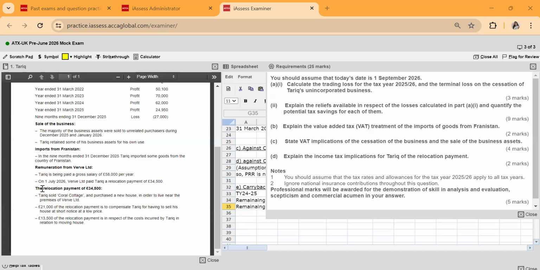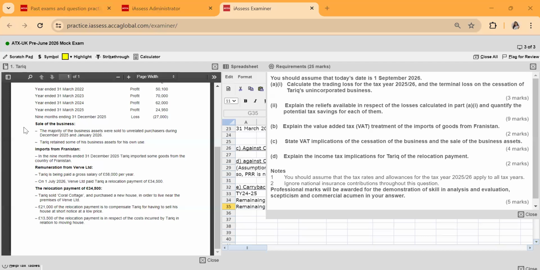Now, the cessation of the business took place on 31st December 25. What is the rule? When the business ceases, as per the rules, Tariq should inform the VAT authorities or HMRC about the cessation of business within 30 days, not 1 month. Within 30 days of the date of cessation. Cessation is 31st December, so 30 days would be 30th January.